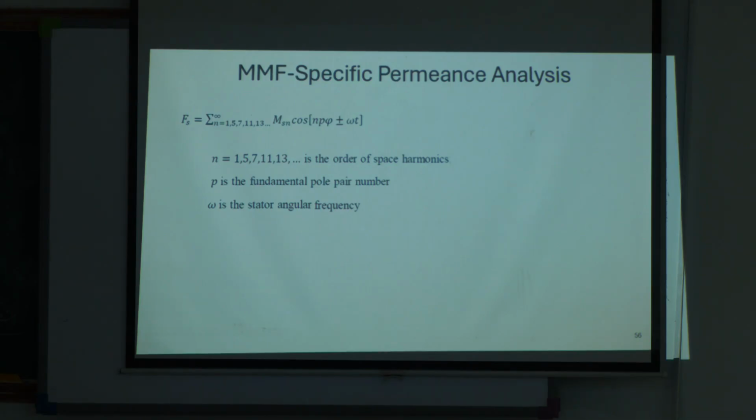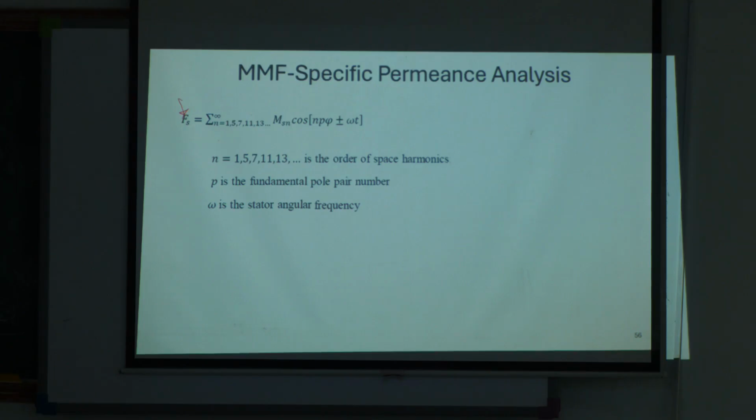Now to capture the MMF due to the winding distribution and the space harmonics associated with it, typically we can write a mathematical expression as given on the slide. If MMF in the stator winding is given as F subscript S, we get different orders of harmonics.